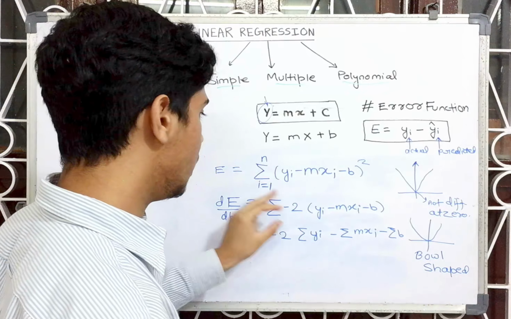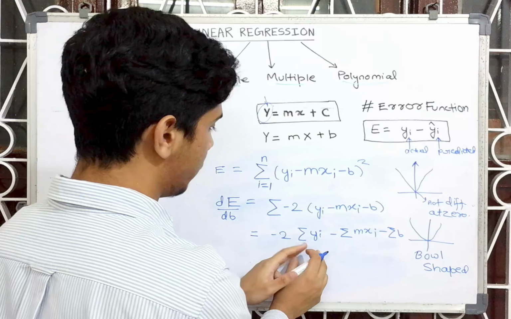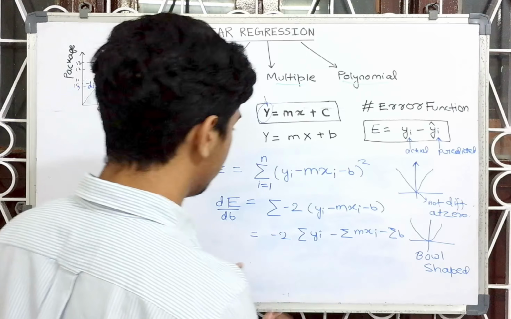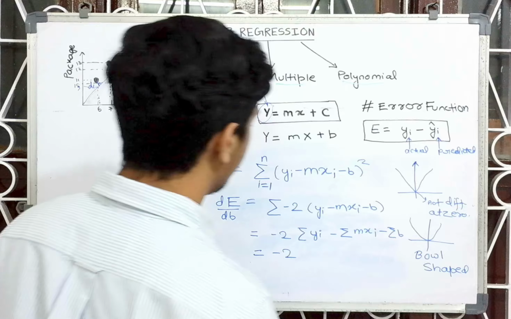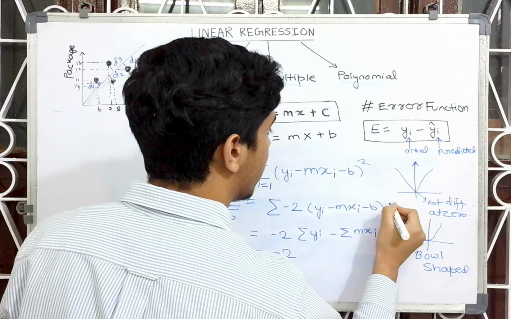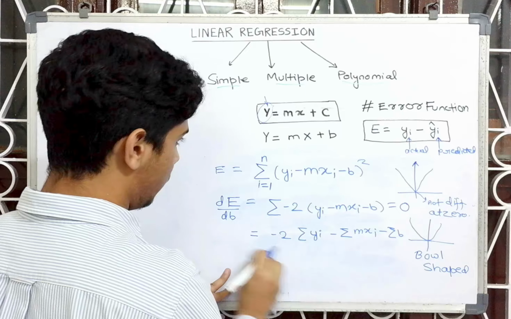We can break it into different terms and give summation to the variables, and at last -2, we have to equate it to 0 for minima.